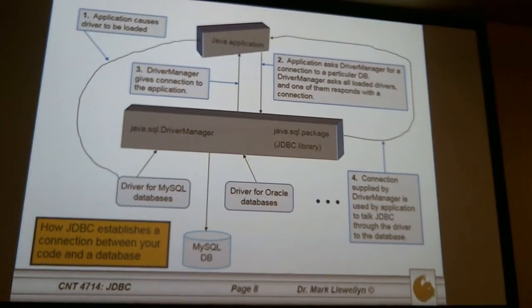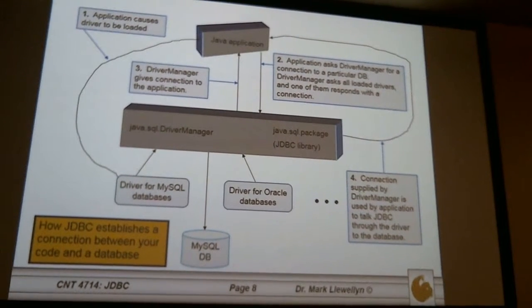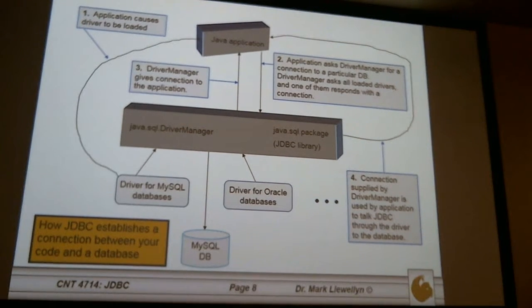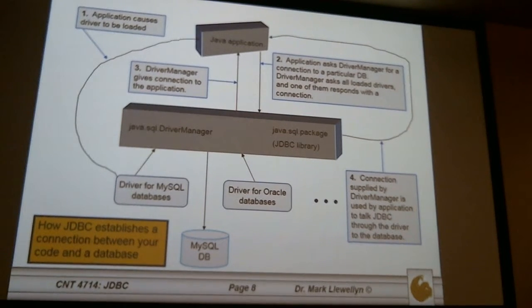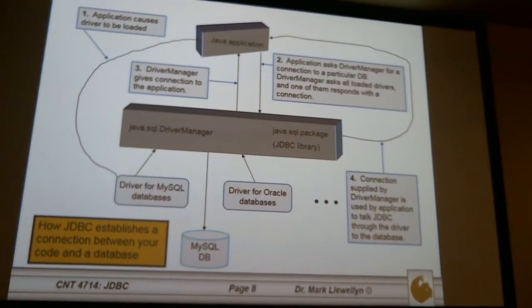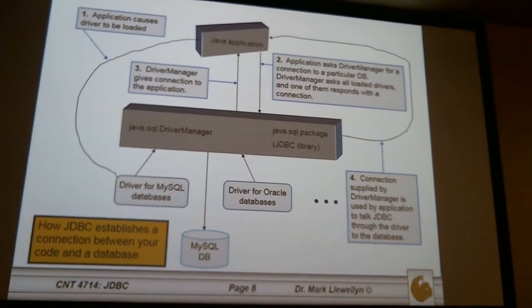So here's really what happens when you need to make a connection to a database from a Java application. The Java application basically has to load the database driver. The way this is done in Java is there's what's called a driver manager. It basically is responsible for handling all of the drivers that you might need for any sort of connectivity to external applications.